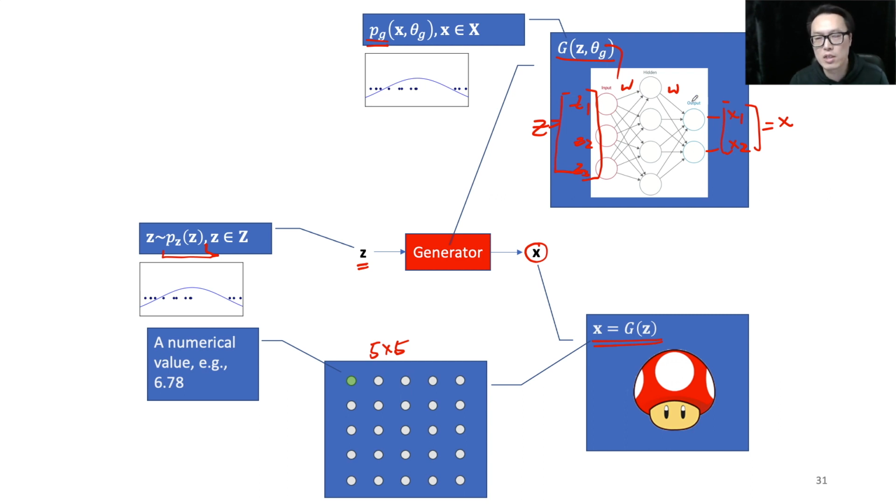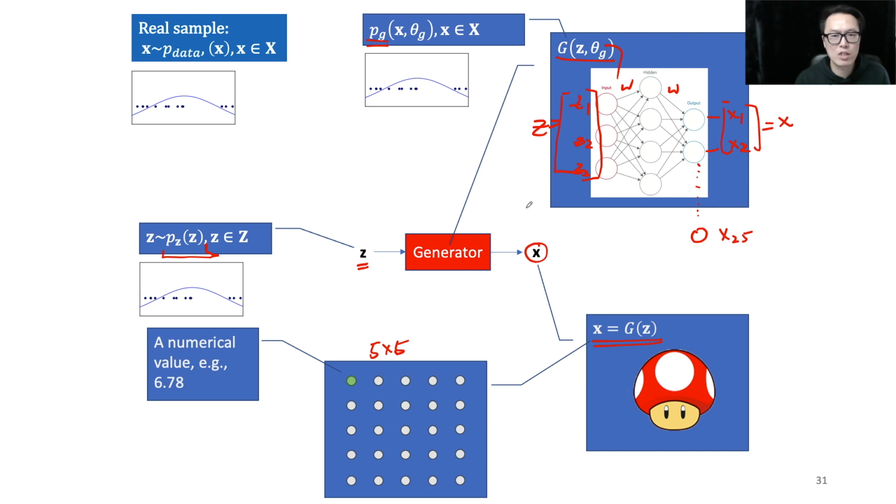So if we use a neural network for 5 times 5 pixels, we have to extend it to X25, so that this X will have 25 numbers to represent this image.